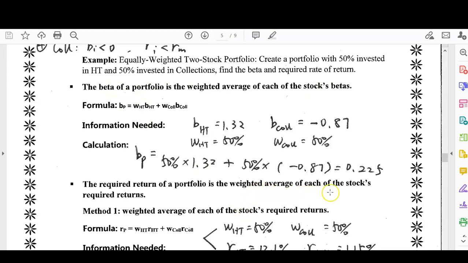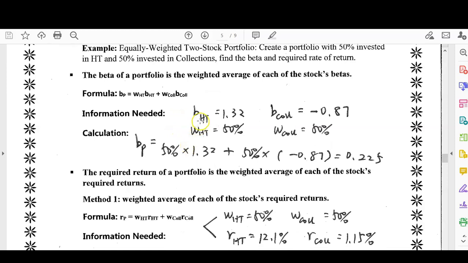And we take the weighted average of the stock returns in the portfolio as the portfolio return. Portfolio beta is calculated the same way as portfolio return. We take the weighted average of the beta or the return of the stocks in the portfolio. So in this example, we have beta portfolio equals the weights for high tech and collectibles multiplied by the beta for high tech and collectibles.